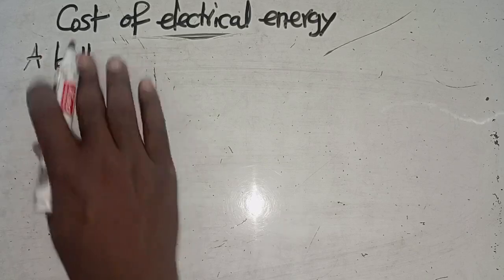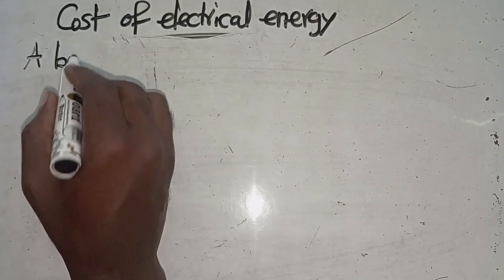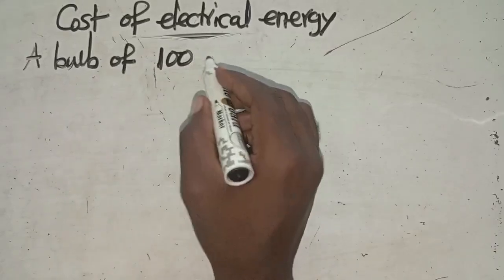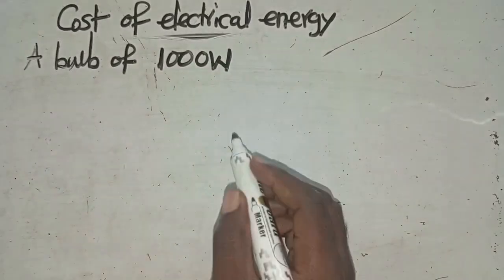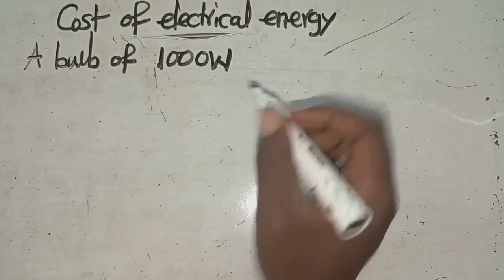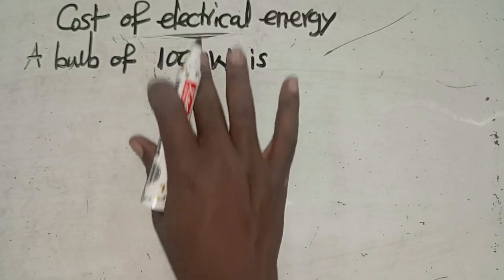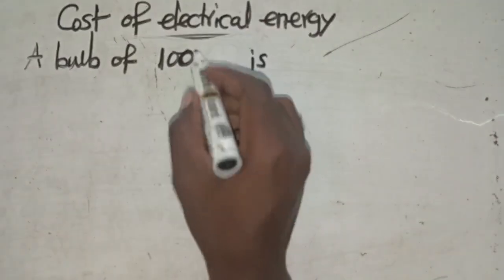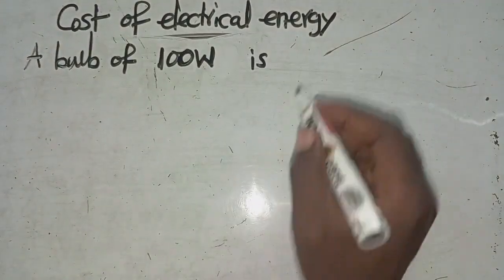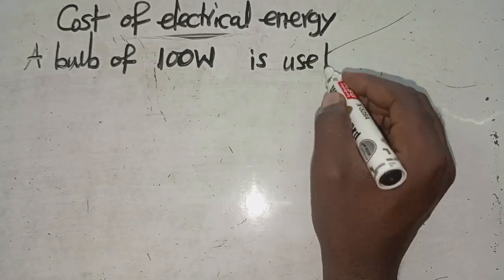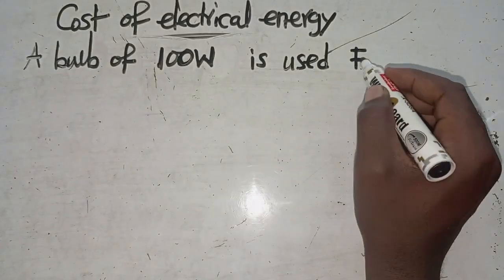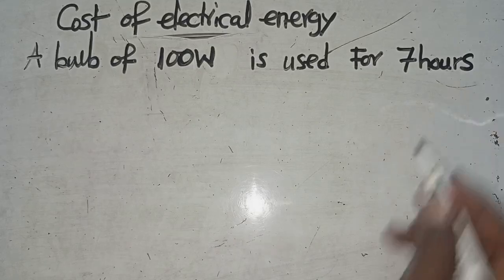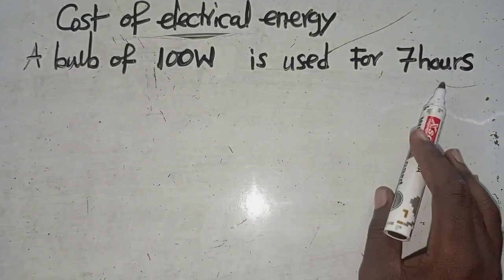A bulb of 100 watts is used for 7 hours.